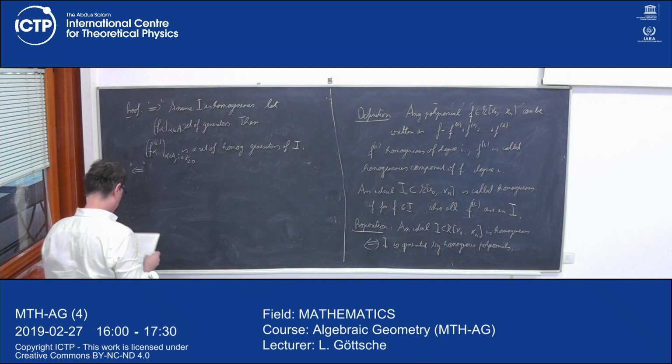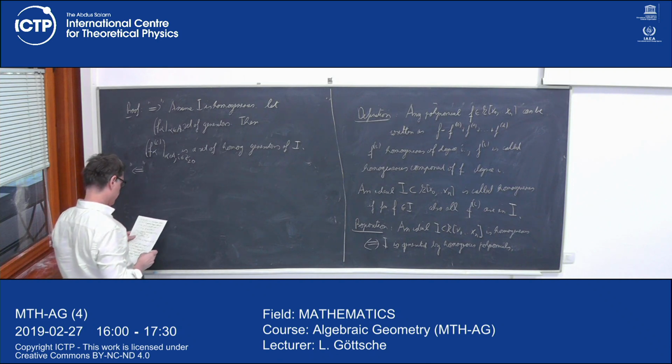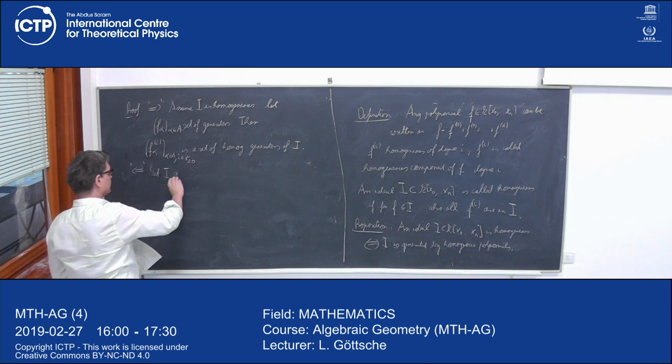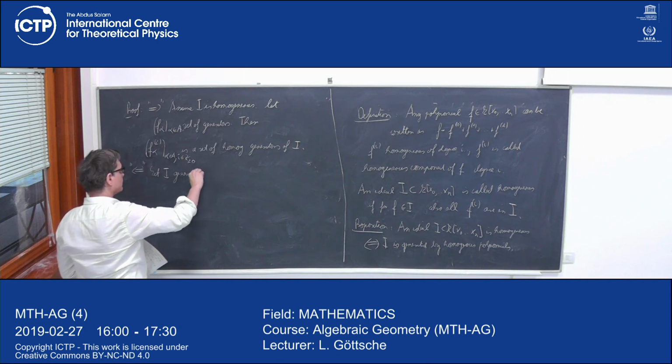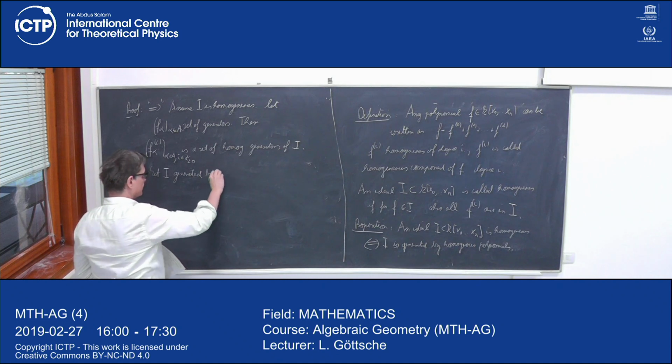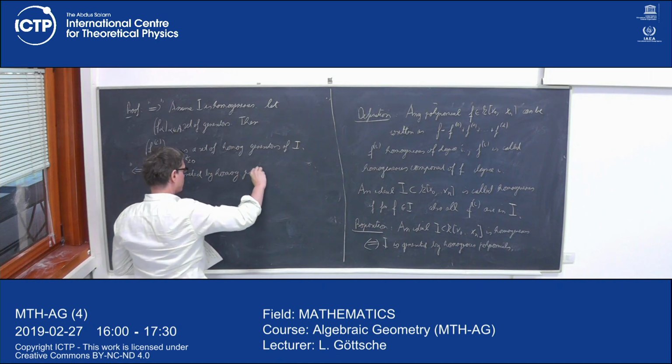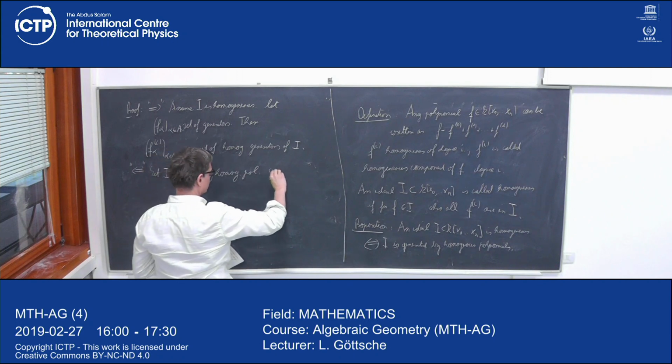So we assume I is generated by homogeneous polynomials g alpha.